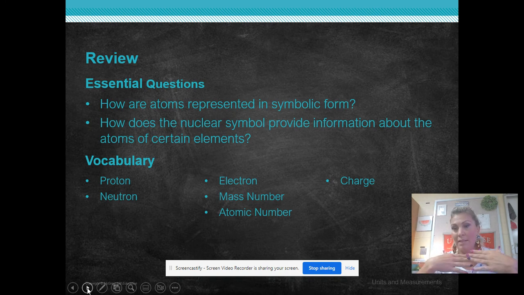I would expect that the advanced students would go through it very quickly, be able to ask questions, and then I would gradually release them into their individual practice or independent work, which would practice these skills. So it would be a couple more problems where they are either forming the nuclear symbol or pulling the information out of the nuclear symbol.